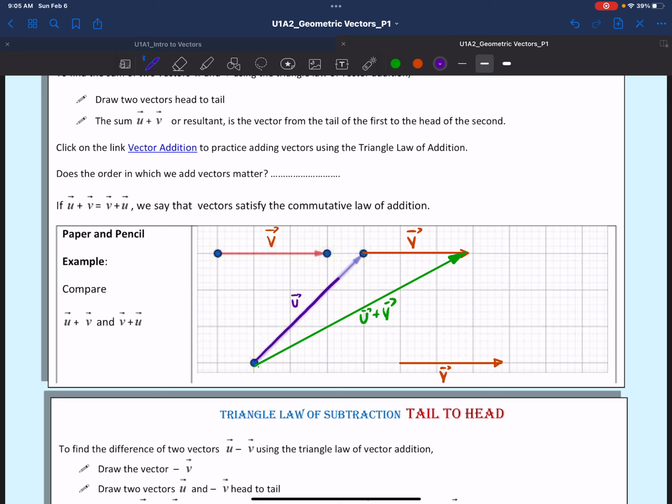So what that means is that vector u, I'm only drawing this again for the purpose of drawing the exact same vector there. So I'm going to take vector u. That's the vector that is added to vector v.